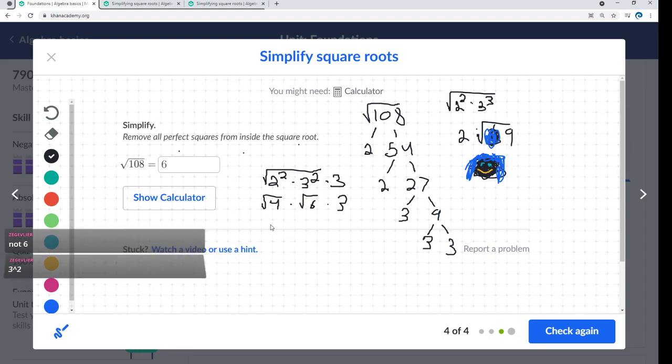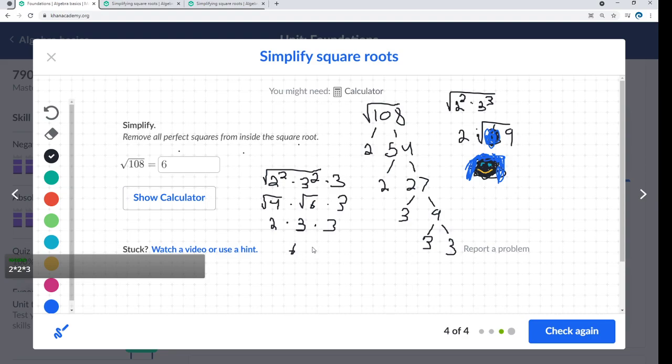So then this becomes 2 times the square root of 6 is 3 times 3.